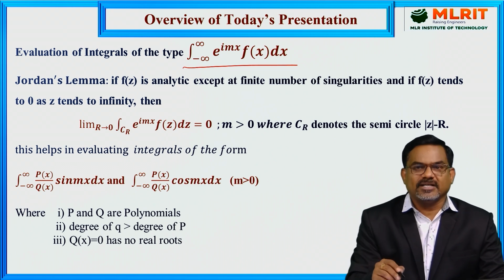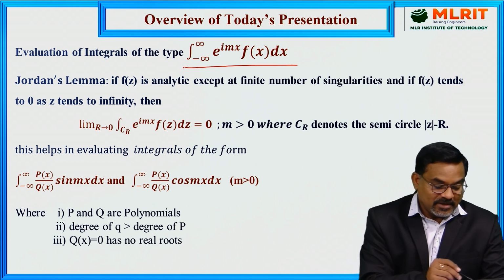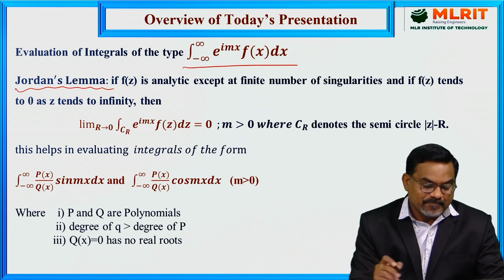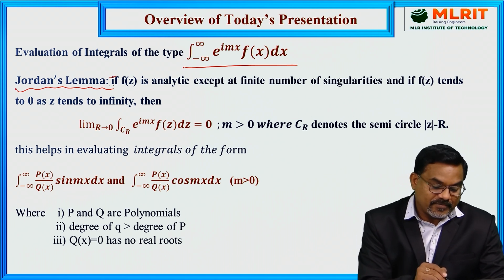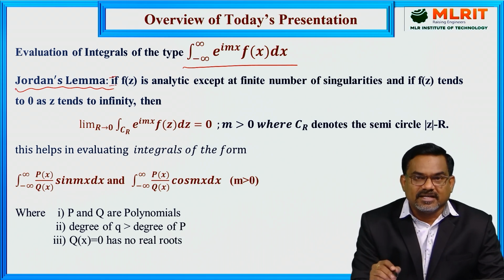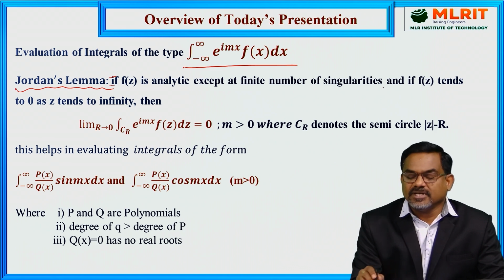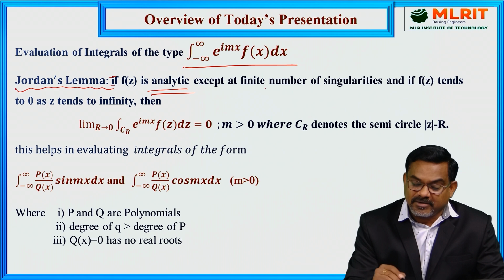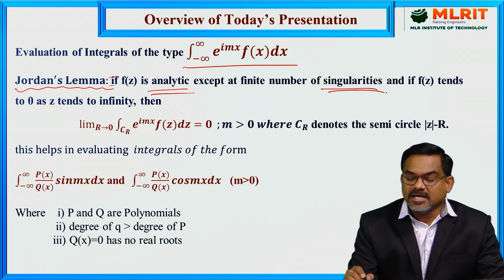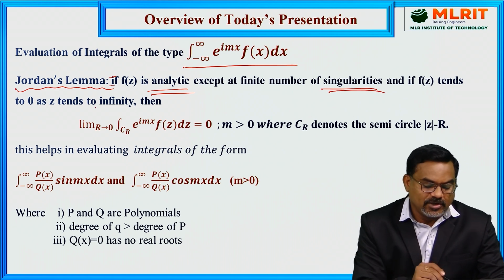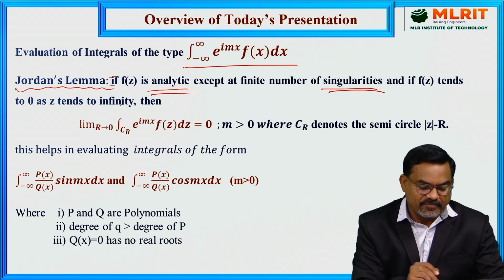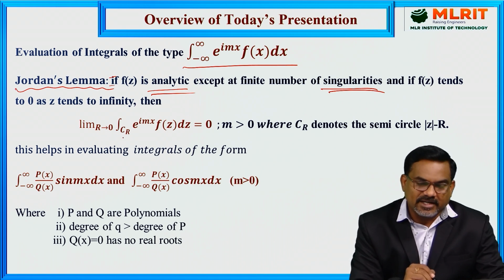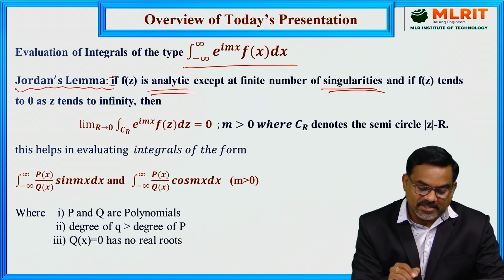To evaluate this, first you should know Jordan's lemma or Jordan's theorem. If f of z is analytic except at a finite number of singularities and f of z tends to 0 as z tends to infinity, then the limit as R tends to infinity of the line integral over CR of e power imz f of z dz is 0.